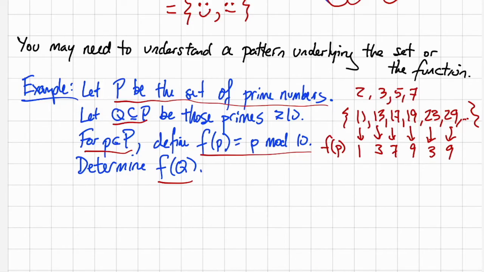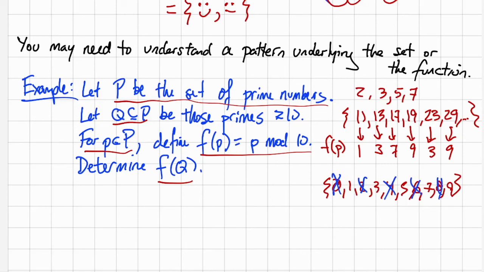Prime numbers are numbers that are only divisible by themselves and 1. Any even number bigger than 2 is therefore not prime because 2 divides it. The possible outputs are 0, 1, 2, 3, 4, 5, 6, 7, 8, and 9. And what we're recognizing is that we can't have any even numbers.